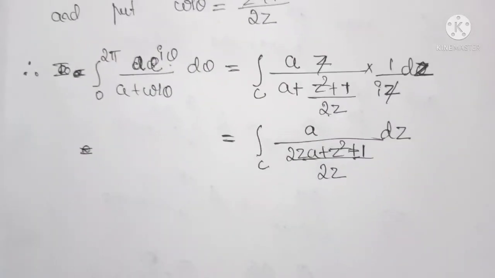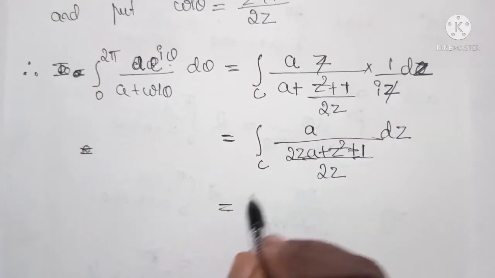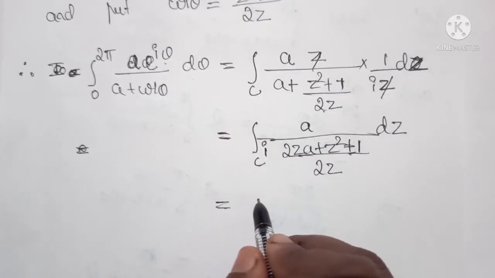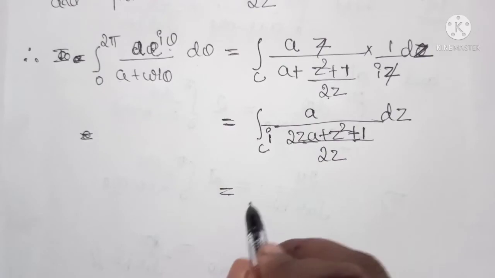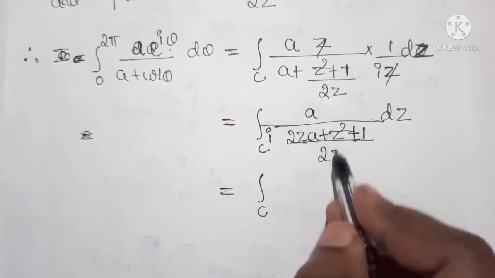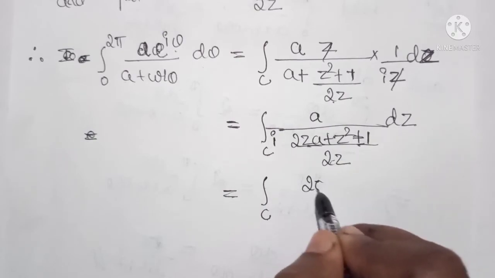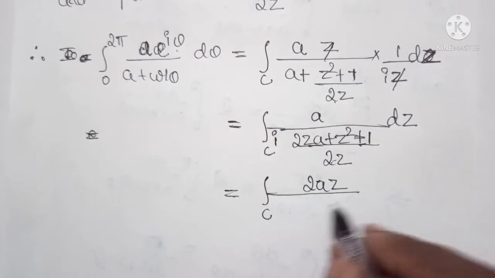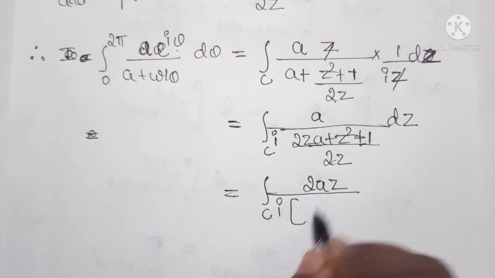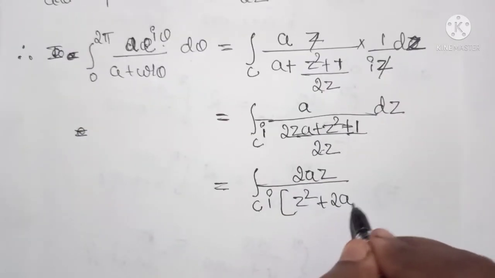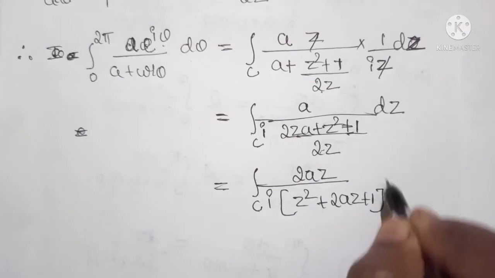So further simplifying, here we have the i term. Taking this 2z in the numerator, we get the integral over C of 2az divided by i into z square plus 2az plus 1 dz.